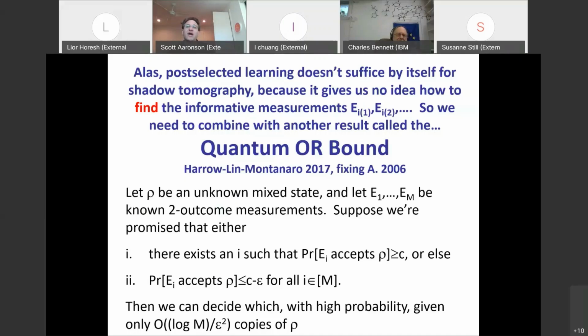But once you have it, you can then leverage it further to get a protocol that uses now about log to the fourth m copies of rho. So it's less efficient, but still polynomial in log m, and that will actually find the I. Okay, it will actually find the measurement in your list that accepts rho with high probability, provided that there is such a measurement.